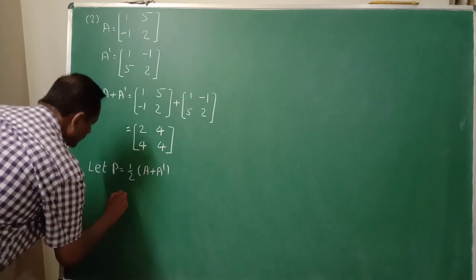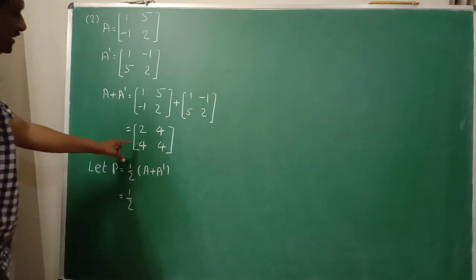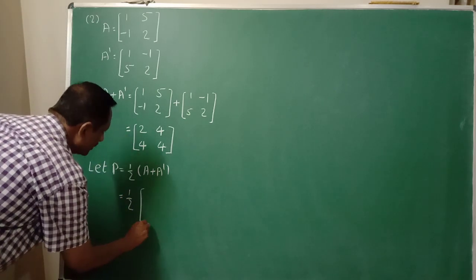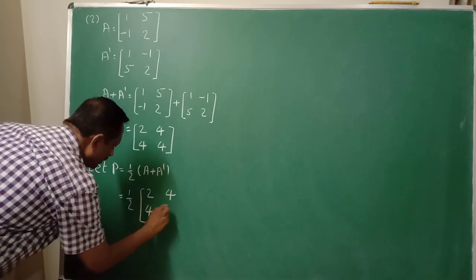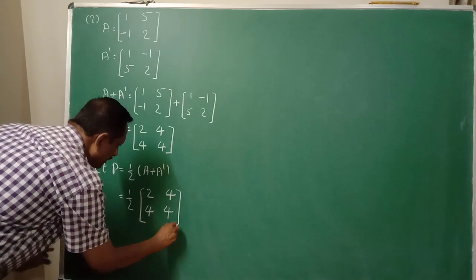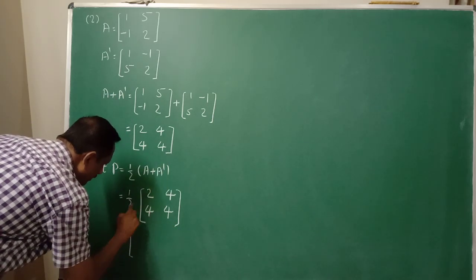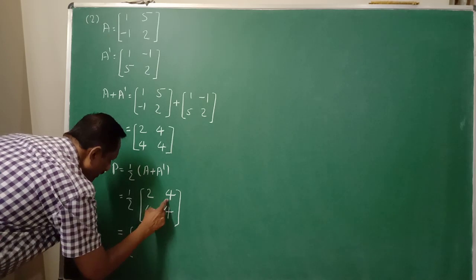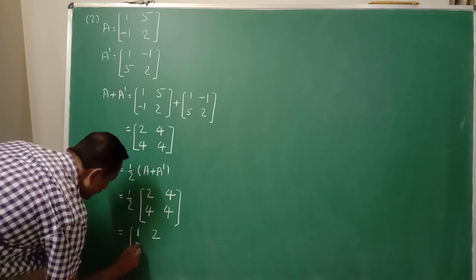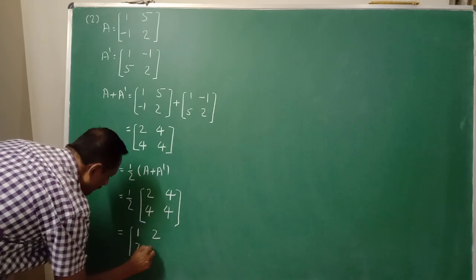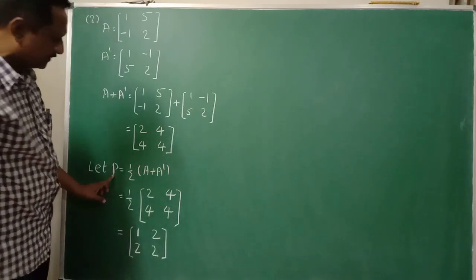Therefore this is equal to 1 upon 2 into the matrix 2, 4, 4, 4. Take 1 upon 2 inside: 2 into 1 upon 2 becomes 1, 4 into 1 upon 2 becomes 2, 4 into 1 upon 2 is 2, 4 into 1 upon 2 is 2. So this is the matrix.